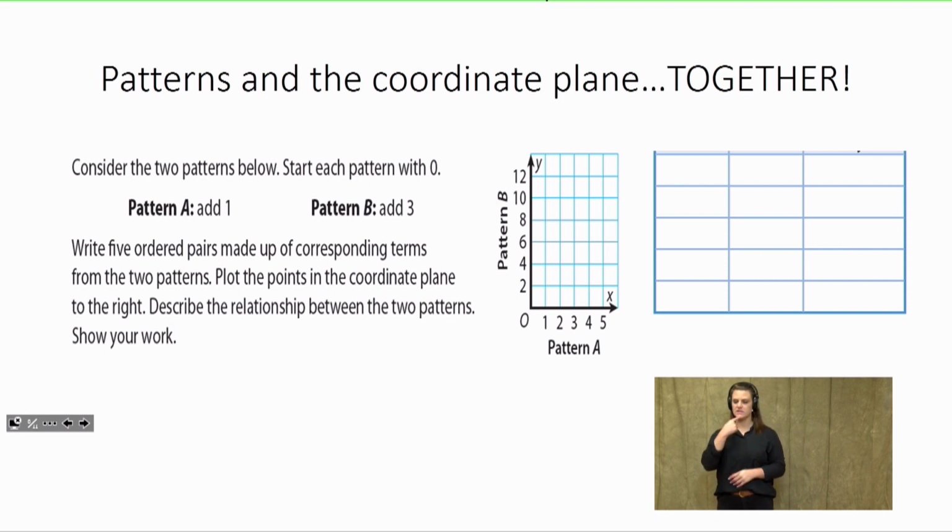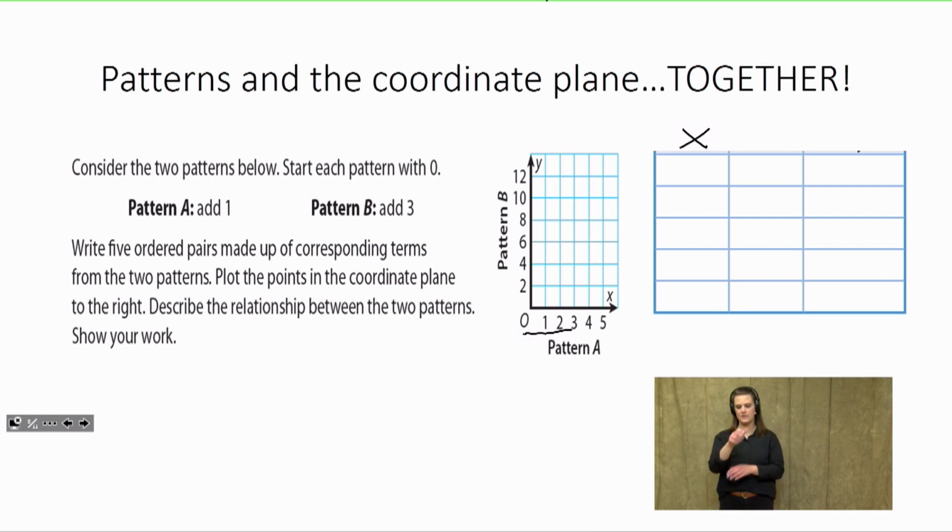It says to consider the 2 patterns below. Start each pattern with 0. So let's take a look at this. Pattern A says add 1. Now, do you remember where I said pattern A would have to go? That's right, it goes along the x-axis. So right here, I'm going to put x because that's our first pattern.